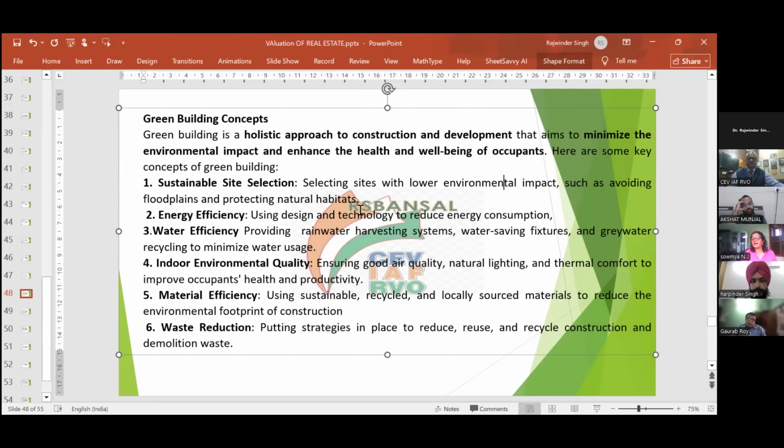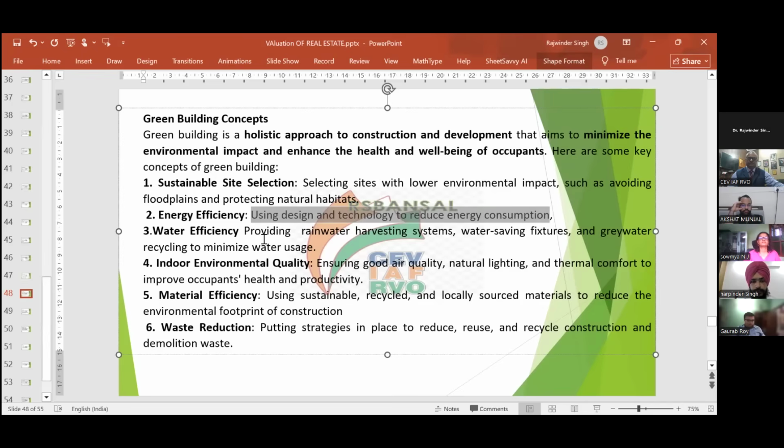For example, the things which should be there in a green building are sustainable site selection. We should select a site which has lower environmental impact, such as avoiding floodplains or protecting natural habitats. Then we should design the building energy efficiently, to reduce energy consumption.